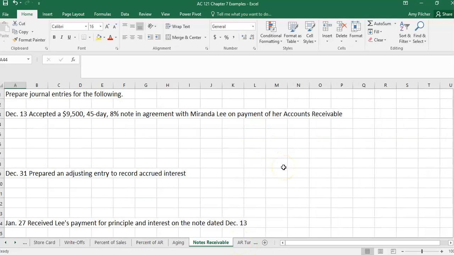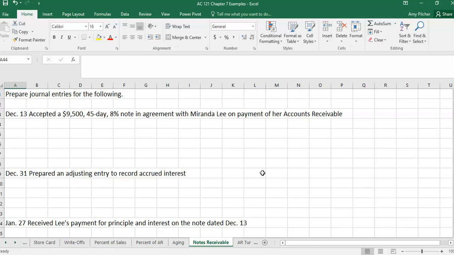This example looks at several different transactions related to notes receivable. So we have a company and we offer notes receivable in payment of overdue accounts receivable accounts.